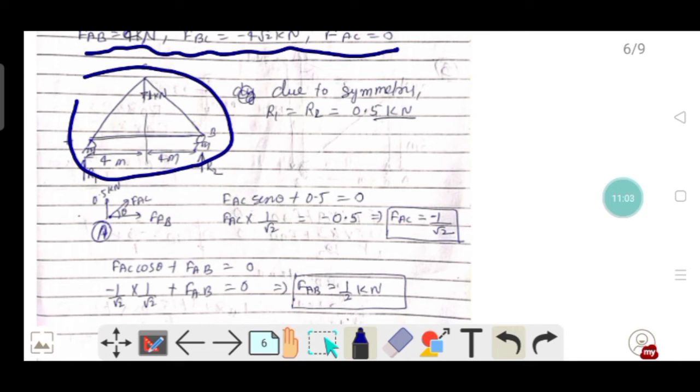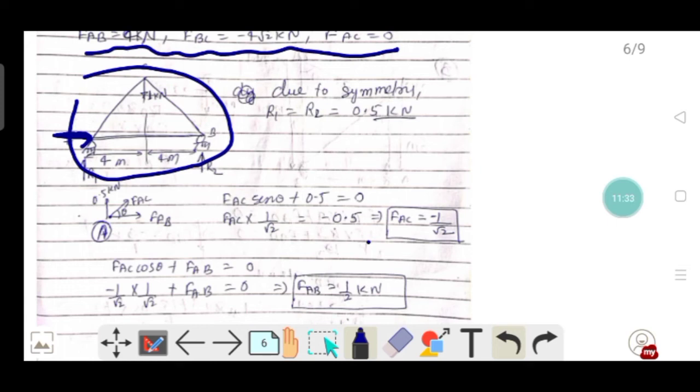In the horizontal direction, at the pin support, the horizontal reaction is 0, because there is no external force in the horizontal direction. So when we equate summation of Fx equal to 0, we get this reaction equal to 0.